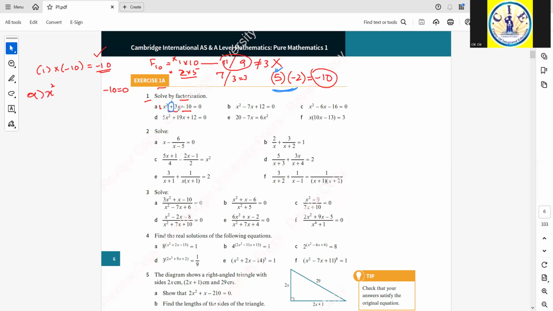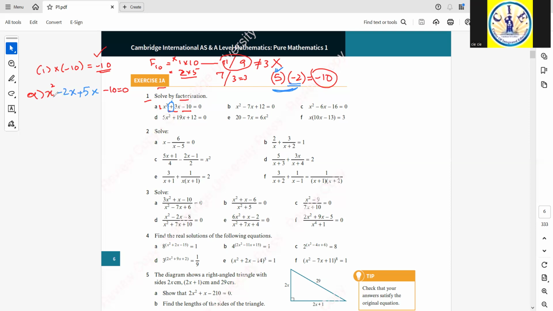Since the middle term contains a positive sign, my larger factor, which is 5, should contain positive 5. So let me write it like this, plus 5x. Now, to have positive 3 from this 5, obviously I need to subtract 2. So automatically this factor 2x should contain a negative sign with it.